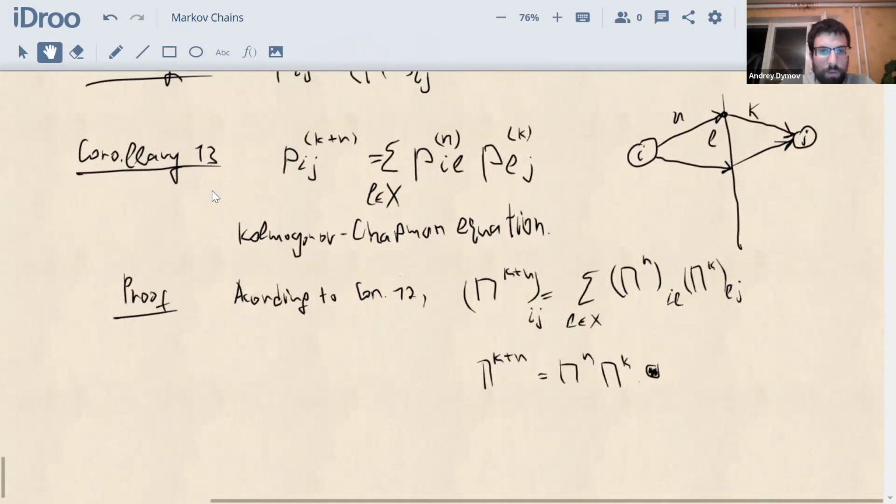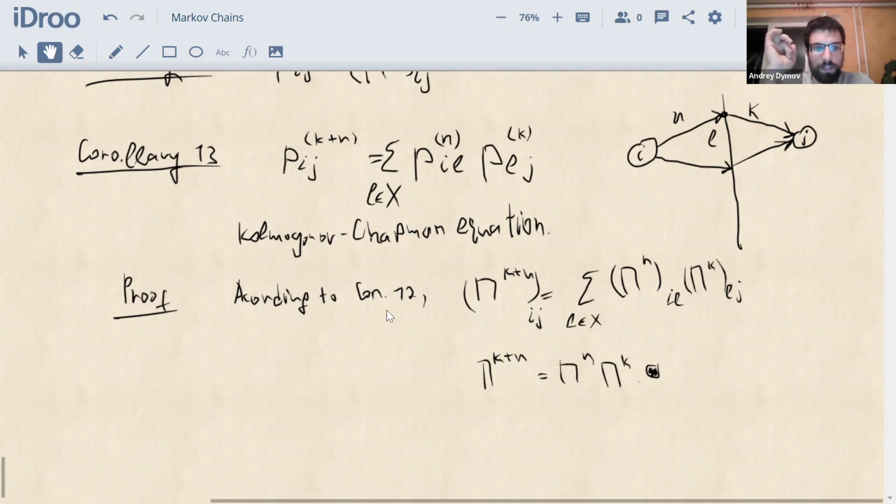So now let us summarize what we have for the moment. We know what a Markov chain is. We know two definitions of the Markov chain, and we can prove their equivalence. Second, we understand how to compute the distribution of the Markov chain at an arbitrary moment of time once we have the transition probability matrix and the initial distribution.